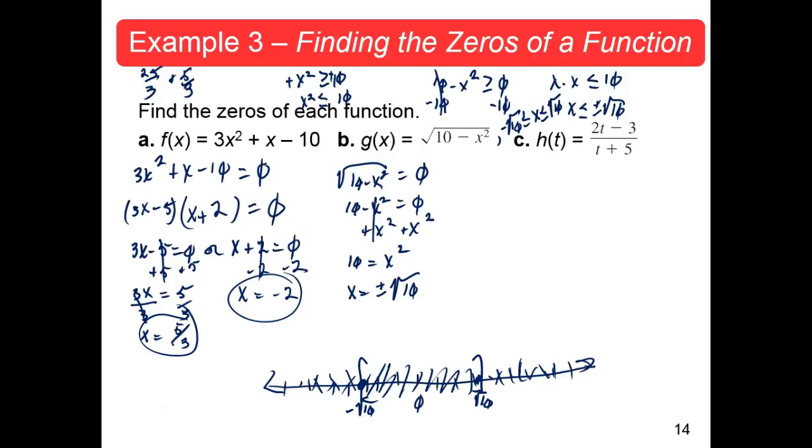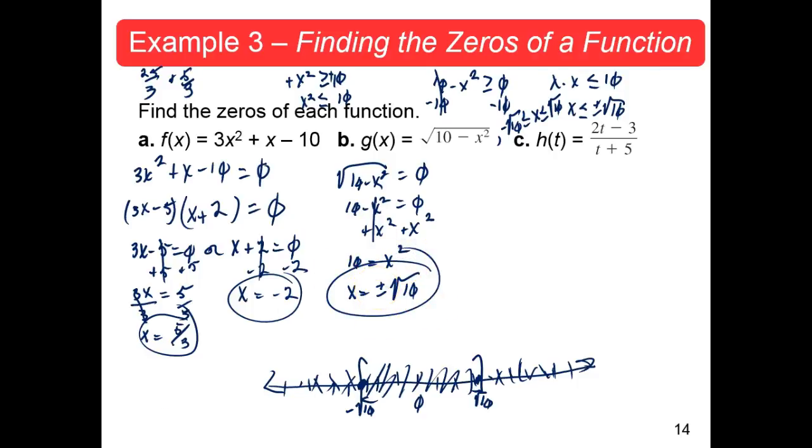Square a square root, it becomes what's under here. So again, you get 10 minus 10, 0. Yes, both of those work. They're in the domain. Those are your answers. Now, you could write it as x equals positive square root of 10, x equals negative square root of 10 if you want to write it twice, but you do have two answers. This is two answers because of that plus or minus.